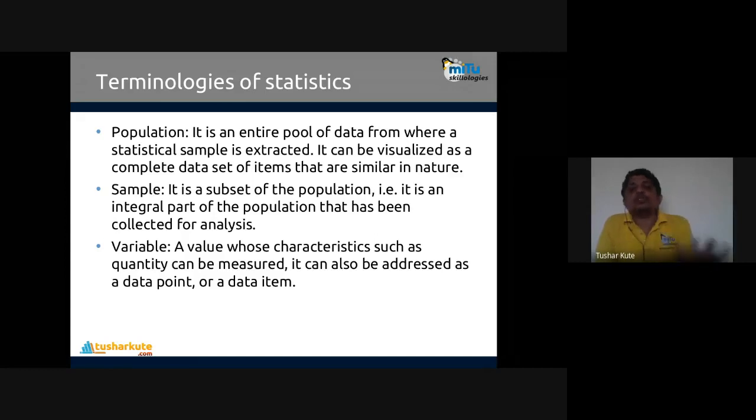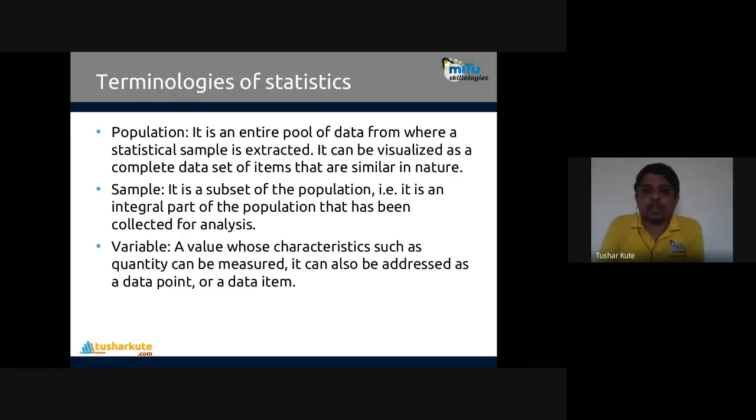Just like all the voters are there, and from those voters some samples are taken. They conduct only 2,500 or 3,000 samples. You can see there are crores of different voters, or lakhs of voters, in a particular constituency, and out of it a few thousand samples they are collecting. So the entire data on which you currently experiment is called the population.